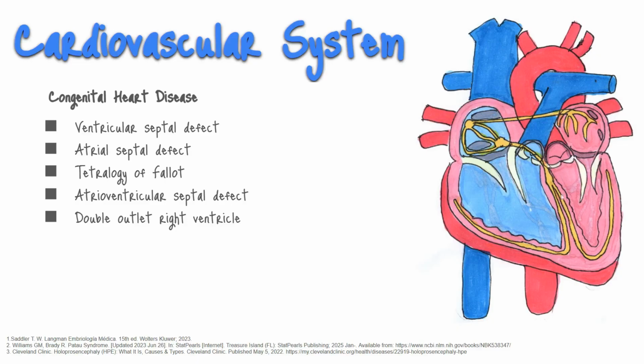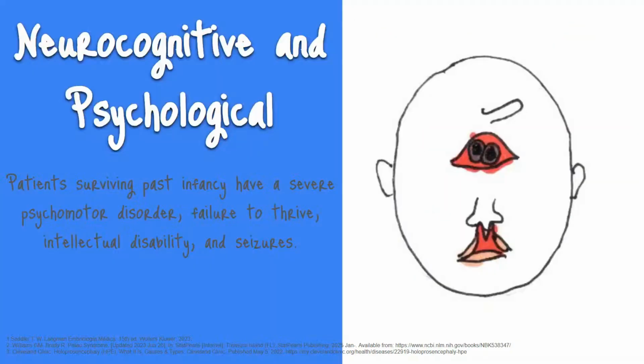If there is no hole on this side, then the aorta will only send deoxygenated blood to the rest of the body, and the blood from the pulmonary veins is not going anywhere. That's why we need the ventricular septal defect to survive. This is in double outlet right ventricle.